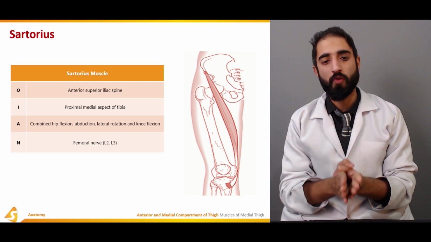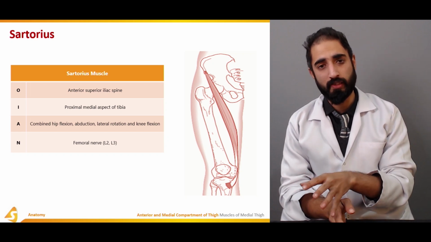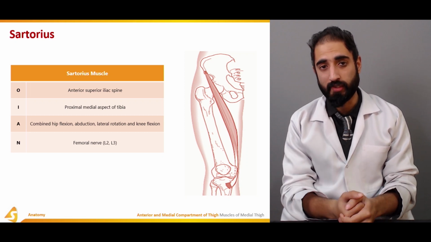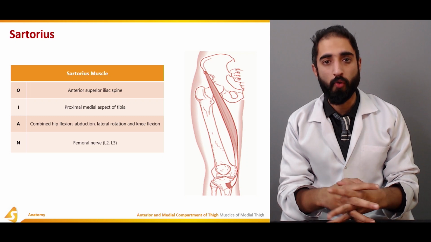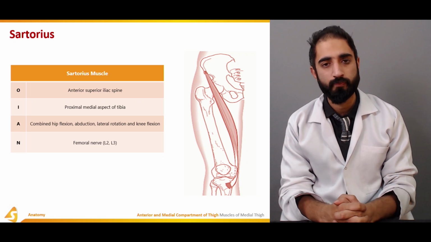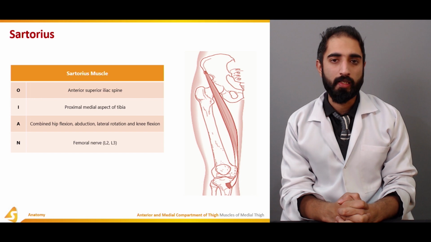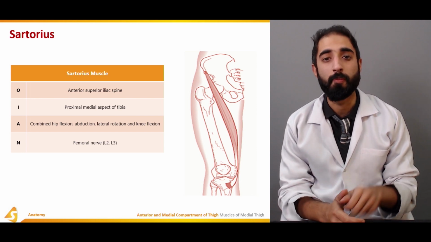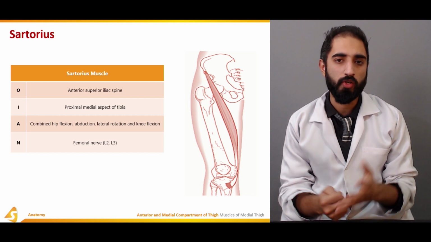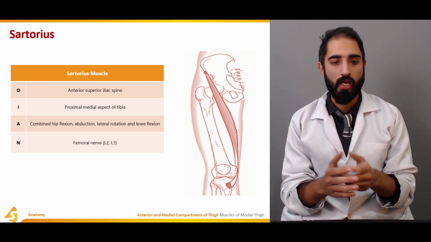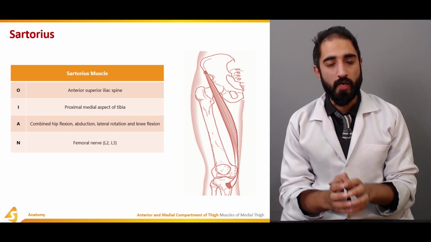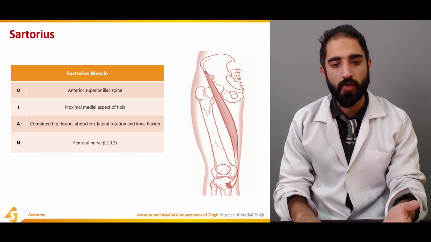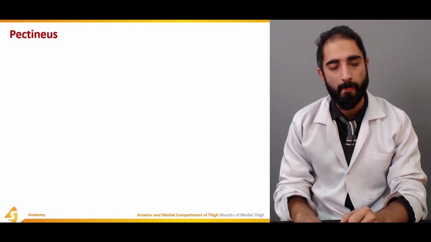So the origin is from the anterior superior iliac spine, and that is the reason that it is one of the most commonly involved muscles in hip pointer injuries in contact or collision sports. And the insertion is on the proximal medial aspect of the tibia. The functions include hip flexion and lateral rotation, as well as knee flexion, and the nerve supply is from the femoral nerve L2 and L3.